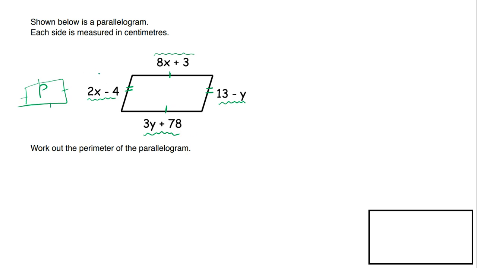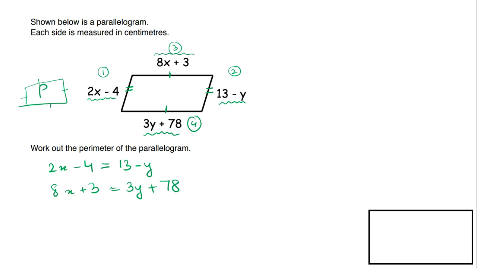Let's say this is my side 1 and that's my side number 2; 1 and 2 are the same, so I can write them down as 2x minus 4 is equal to 13 minus y. And my side number 3 is equal to the side number 4, so I can set it up as one single equation that says 8x plus 3 equals 3y plus 78.